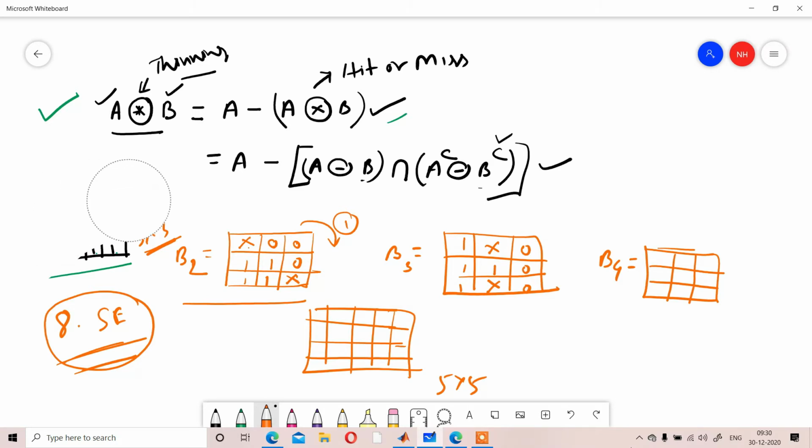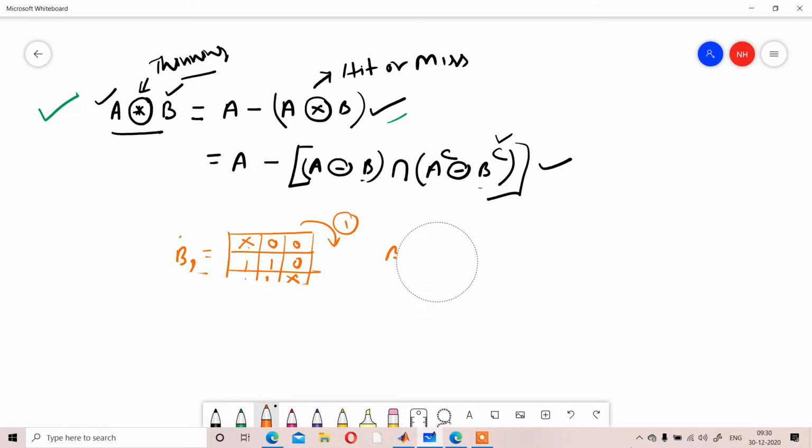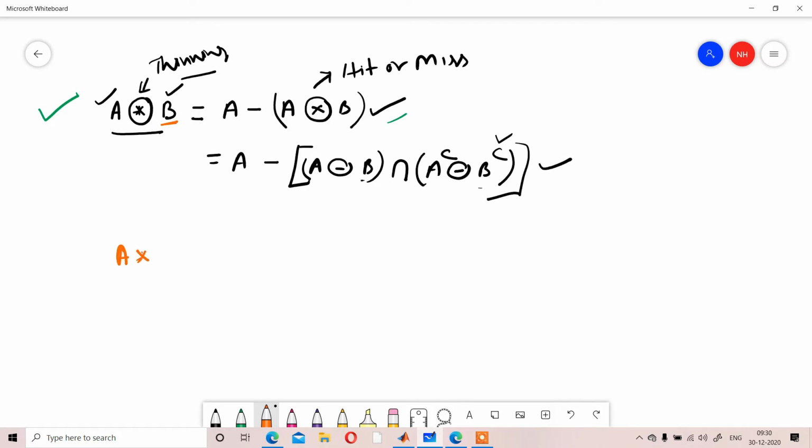Now, what you have to do first is use B1: A thinning B1.